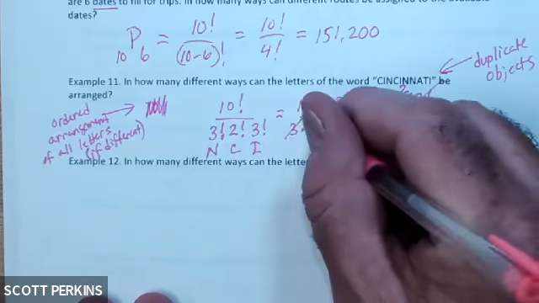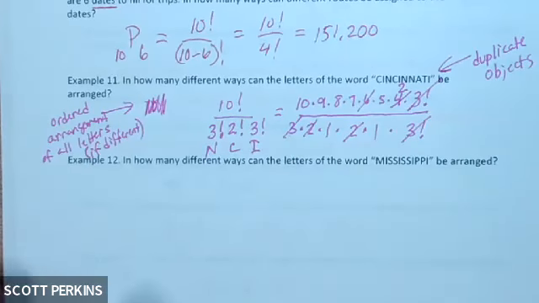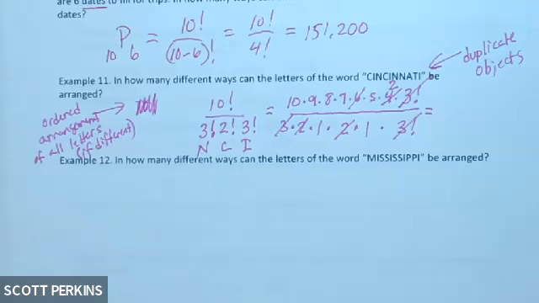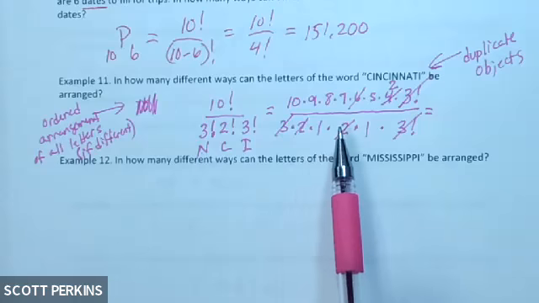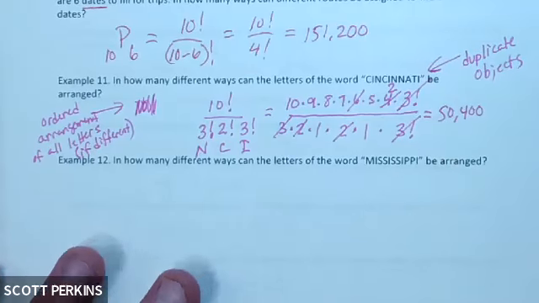Now I've gotten rid of everything in the denominator. It's just a matter of multiplying. I have 10 times 9 times 8 times 7 times 5 times 2, which turns out to be 50,400 different arrangements.